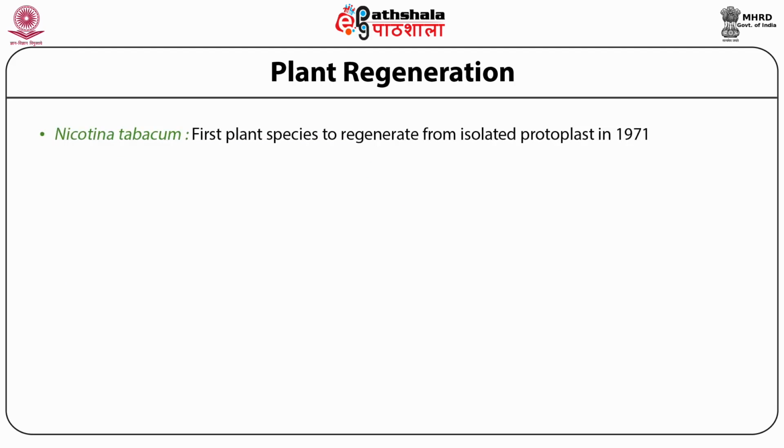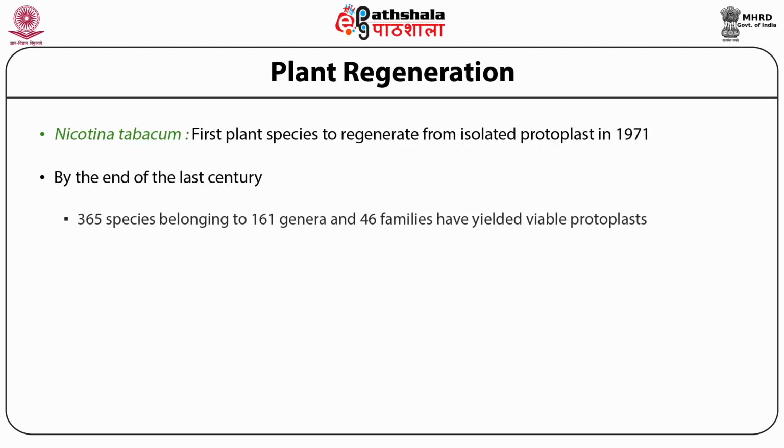Nicotiana tabacum was the first plant species which was regenerated from the protoplast, way back in 1971. And by the end of the last century, there are 365 species belonging to 161 genera and 46 families that have yielded viable protoplasts and plants thereafter.